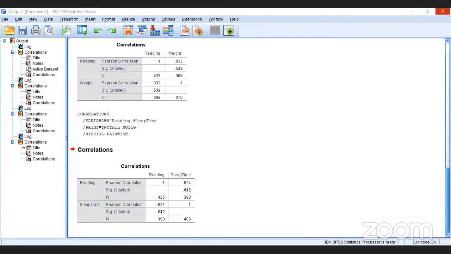So before we do that, we needed to start with the scatter plot. I forgot about the scatter plot. To add the scatter plot, go to graphs, legacy dialogs, and go to scatter plot. It's just a simple chart. We take define.